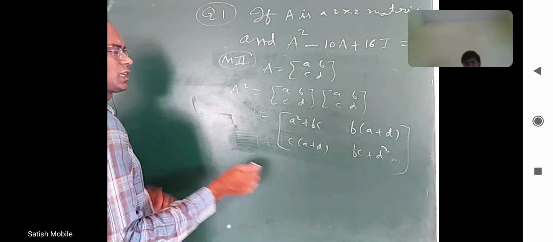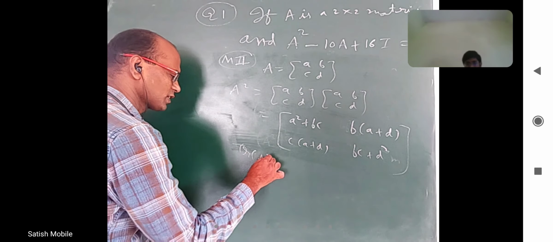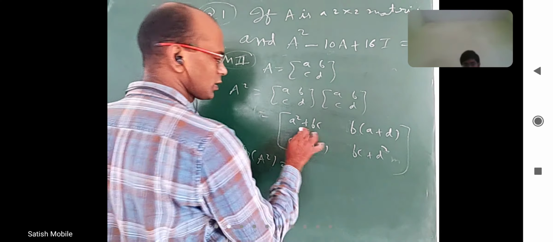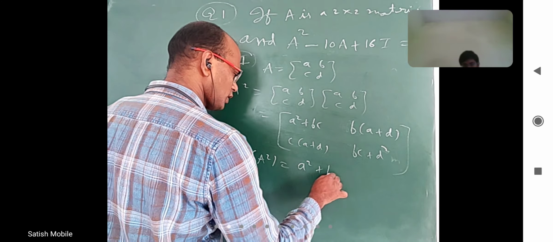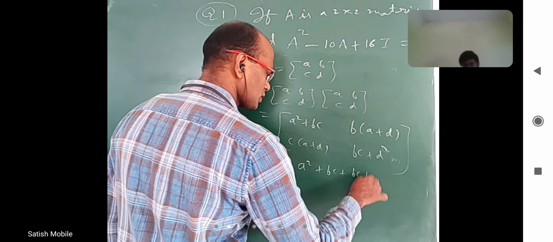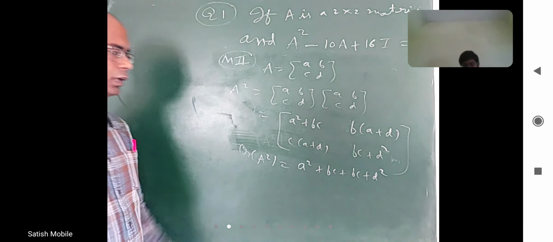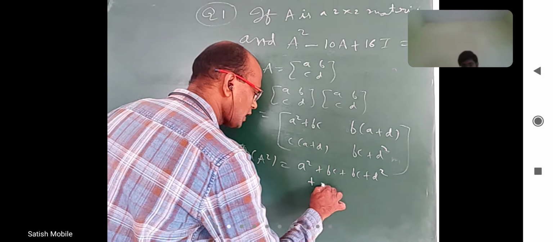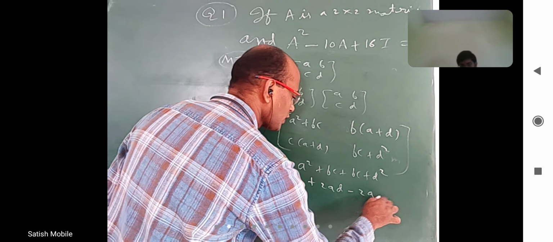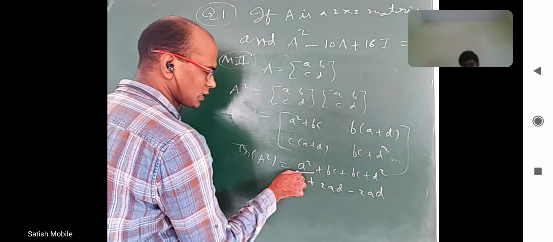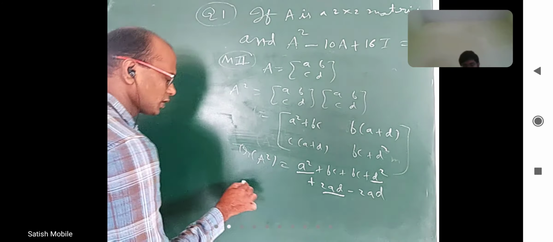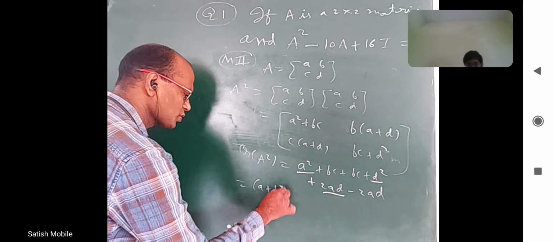Okay, I've just found A square and then found trace of A square. What is trace of A square? It will come as this plus this: A square plus BC plus BC plus D square. Now I will add 2AD and subtract 2AD, so that this and this together become A plus D whole square.